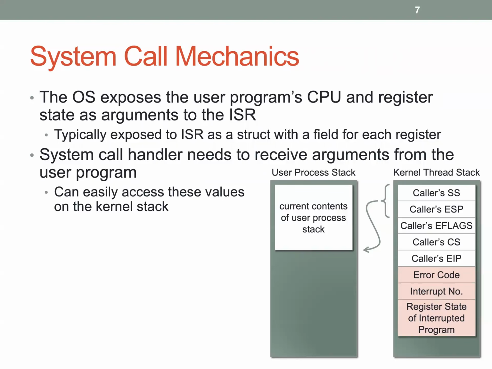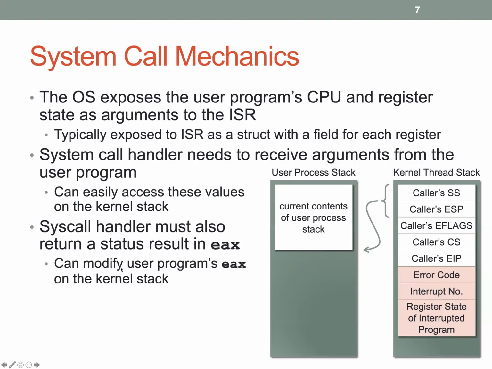There's a thing called intr_frame. It is a struct in C with members that will appear at all the right addresses to allow you to access these things, so that the kernel can now access and manipulate user program state from inside the kernel in C code, which makes it super easy, relatively speaking. It's certainly a lot easier than assembly code, but it's quite easy then to manipulate user program state as needed by the kernel.